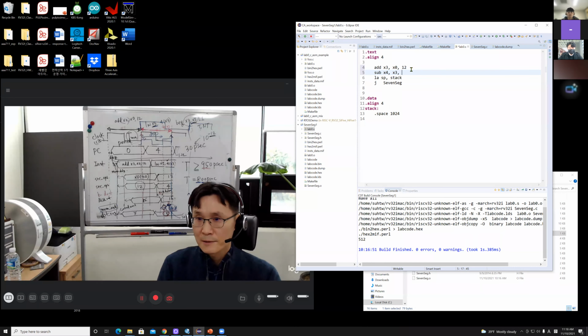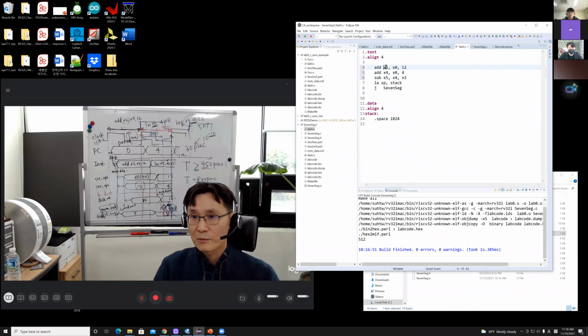Then one more addition, add X4, X0, 4. The next, 5. Then sub, X3. So you are updating X3, X4, then taking that output and doing subtraction. So 4 minus 12, minus 8, right? Some number is supposed to be saved.